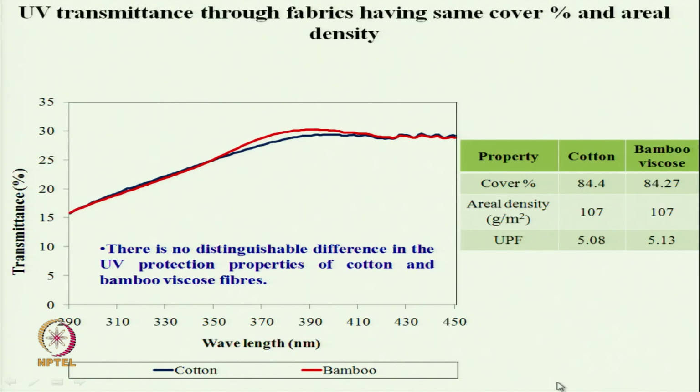Now, to extend this study, what we have done here, that UV ray transmission we have measured at different wavelengths, and what we have developed, we have developed fabrics of cotton and the bamboo viscose, this is bamboo viscose cotton, keeping the mass per unit area and cover percent exactly same.